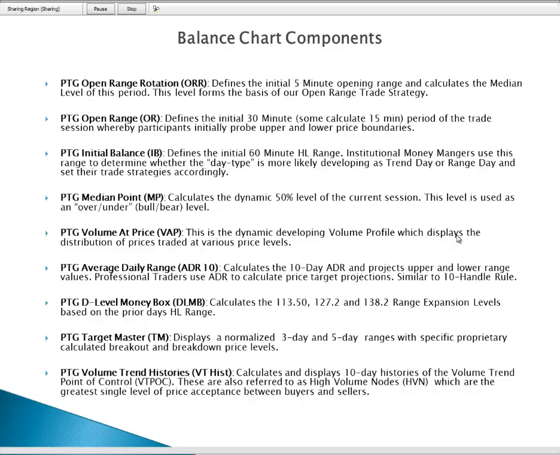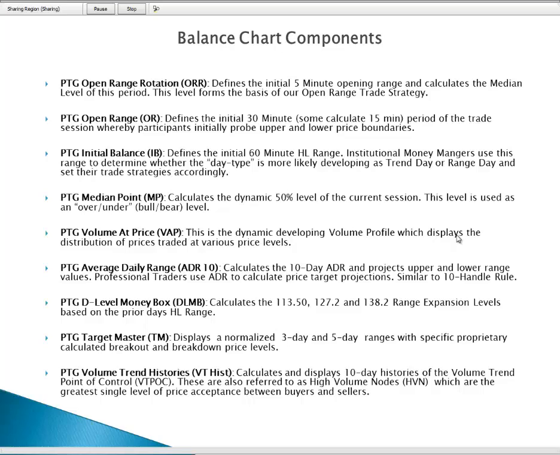Okay, so we also refer to that as the volume trend point of control or volume trend midpoint, and so that becomes an important level for the next day. All right, but as it's developing throughout the course of the session, it's just simply referred to as the median point, or MP.